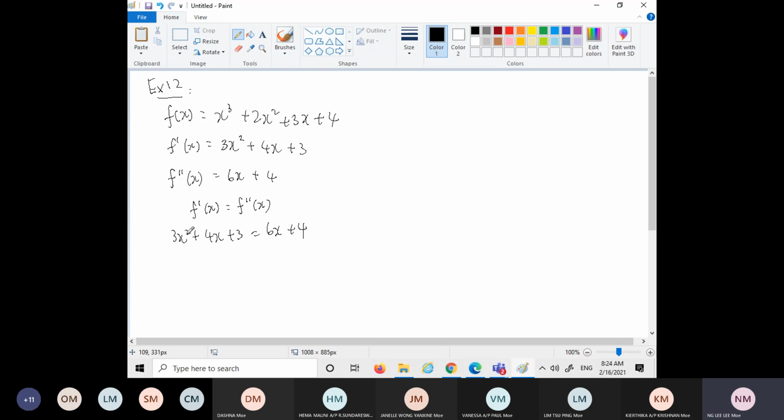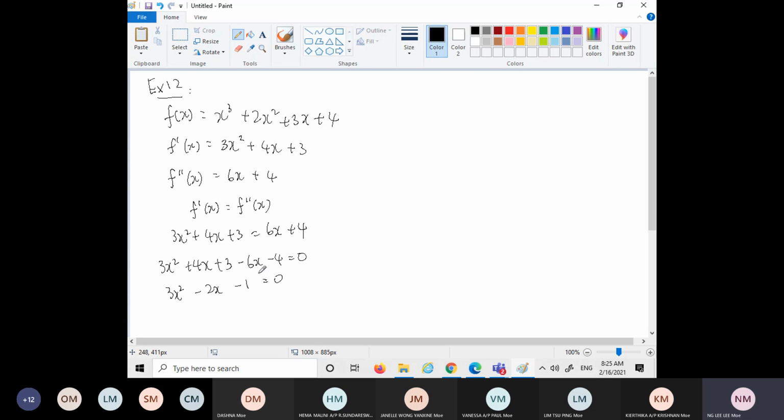Definitely this is a quadratic equation, so all the terms move to the left-hand side. All this remains, and this one moves to the left and becomes minus. Combine the like terms: 4x minus 6x is negative 2x. Plus 3 minus 4, so negative 1.